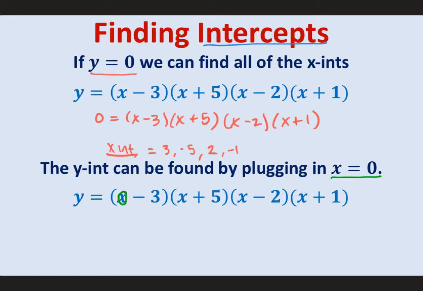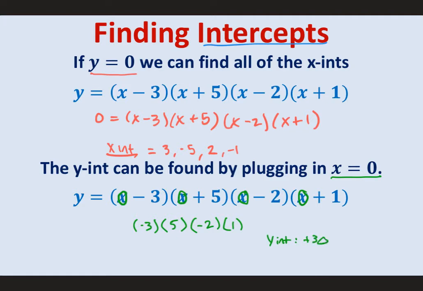That'll leave me with negative 3 times 5 times negative 2 times positive 1. If I multiply that all together, negative 3 times 5 is negative 15. Negative 15 times negative 2 is positive 30 times 1 is 30. So my y-intercept for this equation is positive 30.